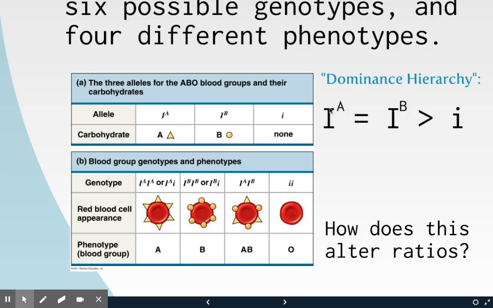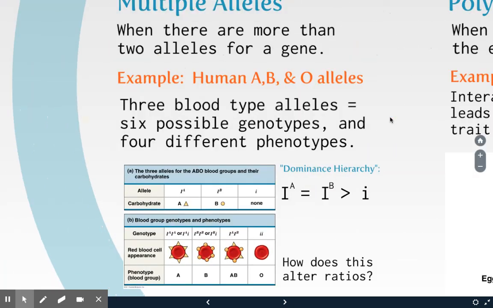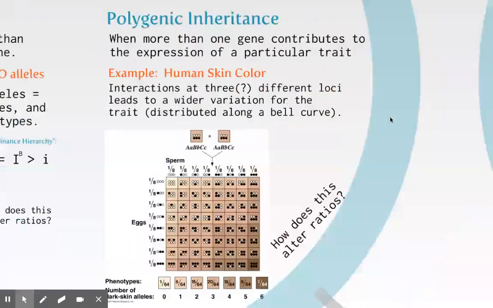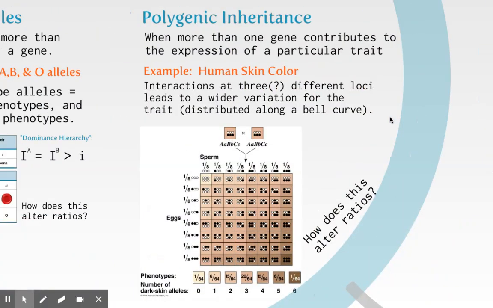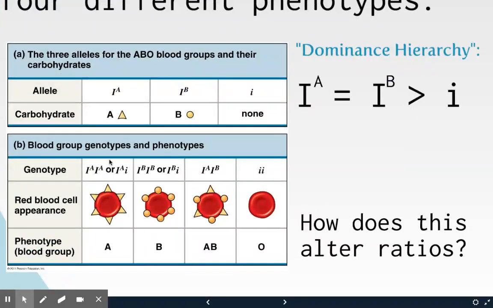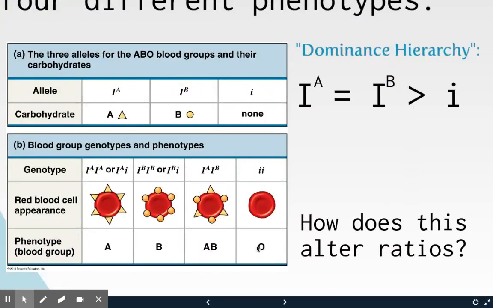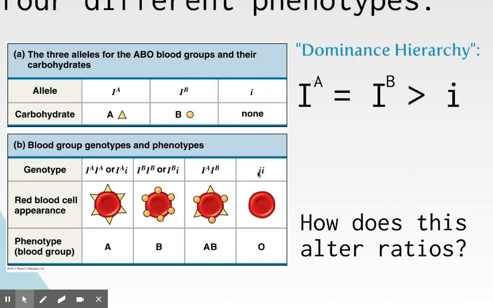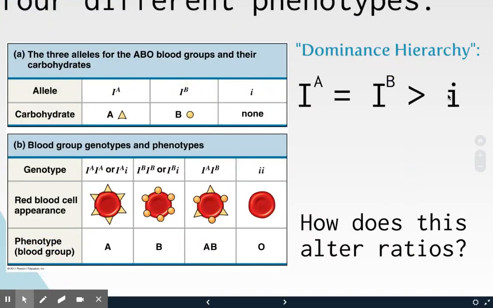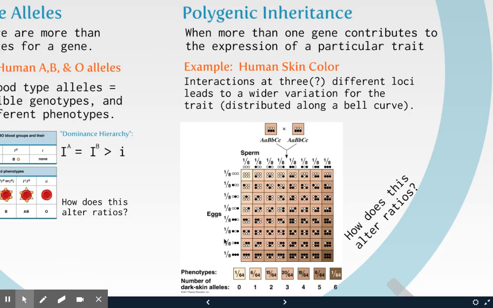Okay, so this one's controlled by three different alleles instead of just two. The ratios get insane because instead of just two different phenotypes, you can have four different phenotypes show up in all these different blood types. And genotype wise, you can have six different genotypes instead of three. So the more alleles that are involved with a trait, the more variation you can have within the genotype and phenotype.